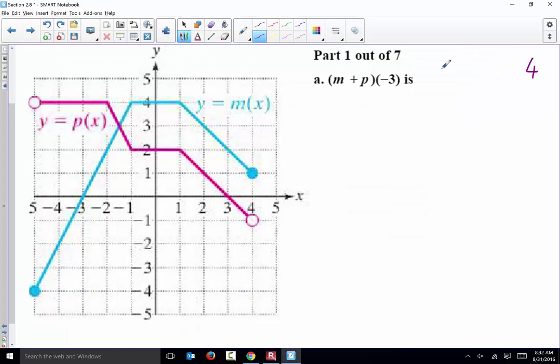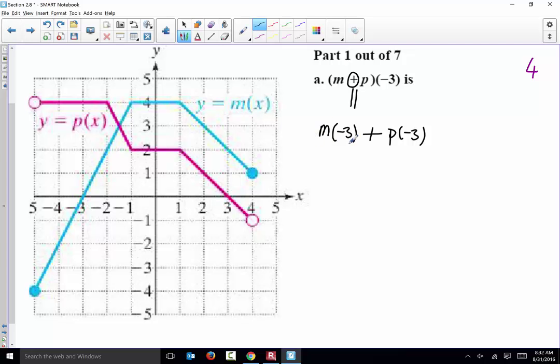About this question. Okay, the notation m plus p at -3 means you compute m at -3, p at -3, compute them separately and add them up. -3 goes into m, -3 goes into p, and you add them.